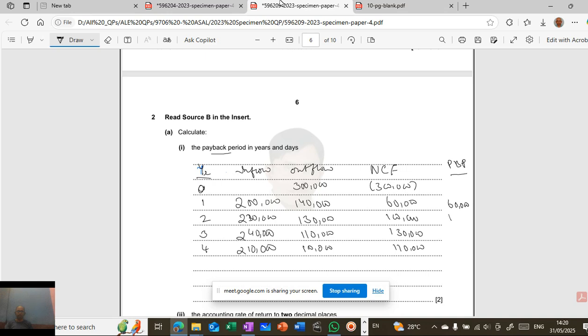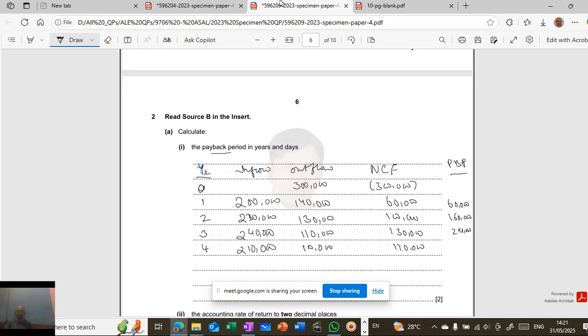Second year we have recovered 1 lakh 60,000. Third year we have recovered 2 lakh 90,000. Now we just need 10,000 in the fourth year. Out of 1 lakh 10,000 we need 10,000. So 3 years and some months.